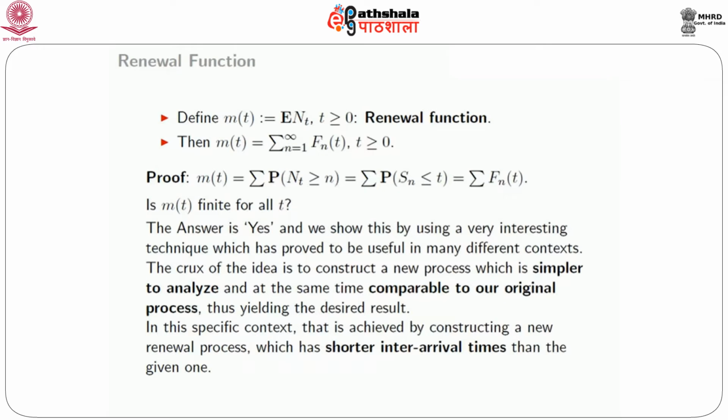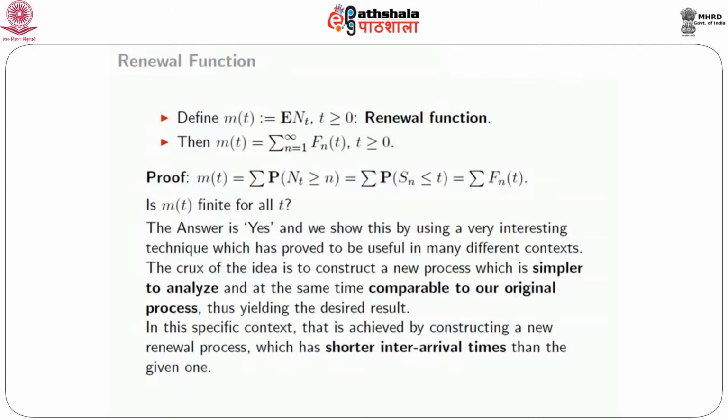M(t) is the expected value of N(t), but since N(t) is a non-negative integer valued random variable, the expected value can also be obtained by taking the sum of the probabilities that N(t) is greater than or equal to n. But N(t) greater than or equal to n is the same as the probability that S_n is less than or equal to t, and we have denoted that to be F_n(t), the CDF of S_n.